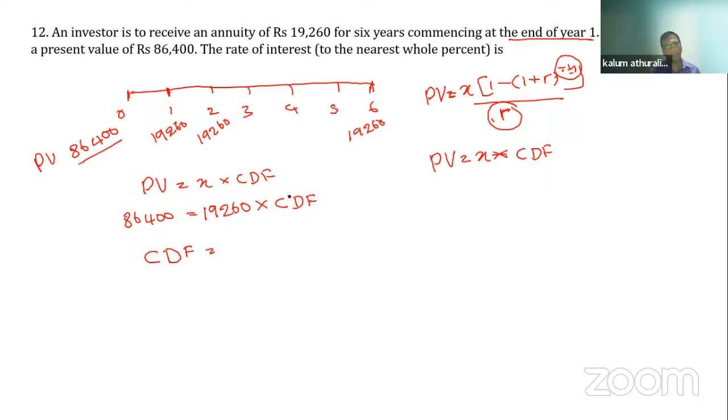To make CDF the subject, 86,400 divided by 19,260. Divide these two values and get the answer.